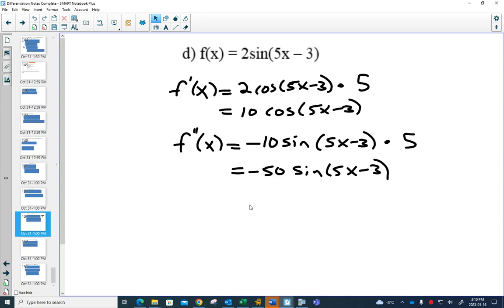What would the coefficient be of the next one? Negative 250. And I don't know if you noticed that the numbers in front go 2, 10, 50, 250. What's happening? We're multiplying by 5.